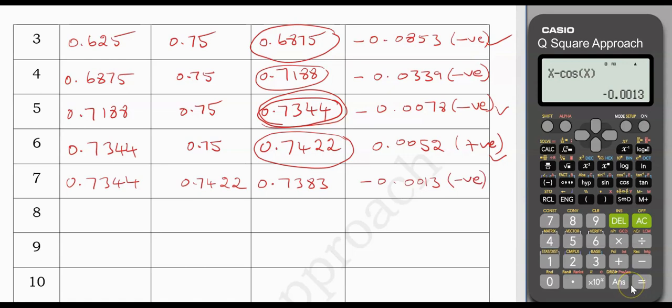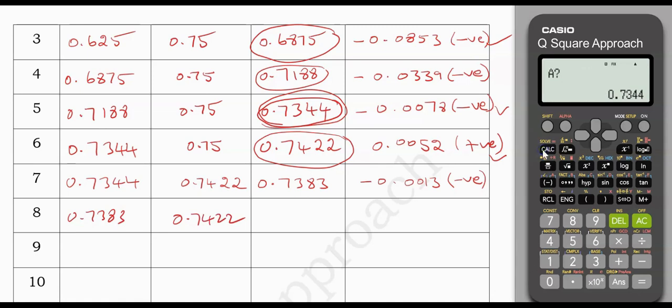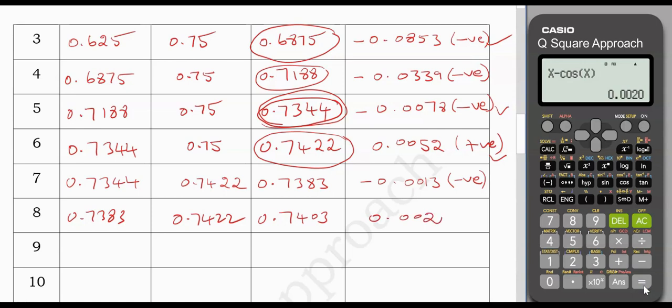So the root lies between 0.7383 and 0.7422. And from the calculator, A is 0.7383, B is 0.7422, then the value is 0.7403. The function value is 0.0020.